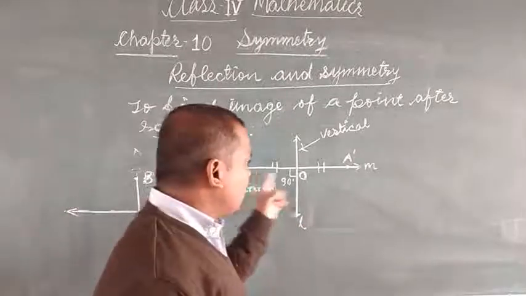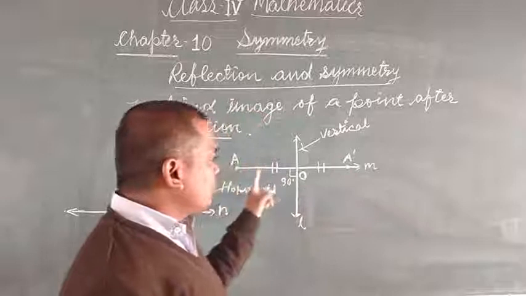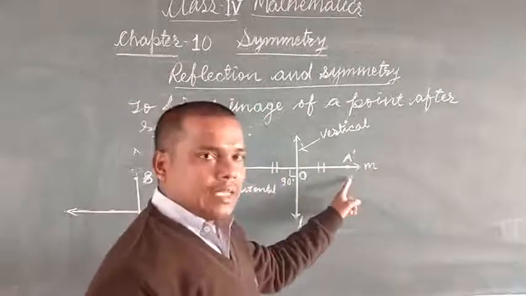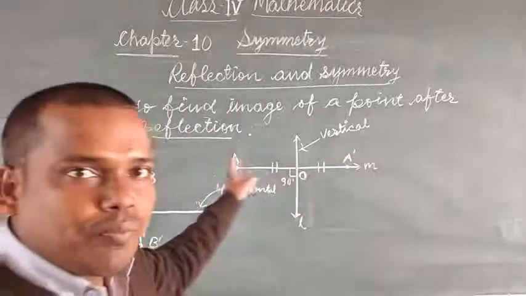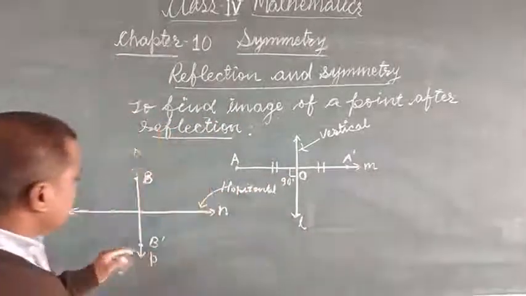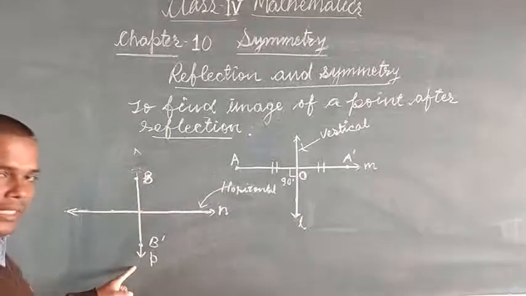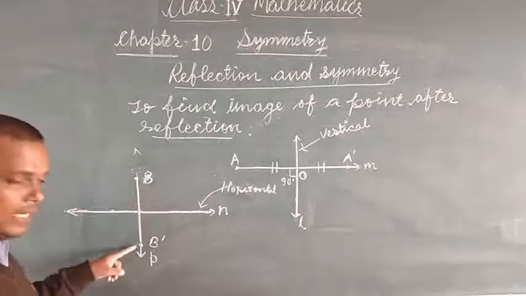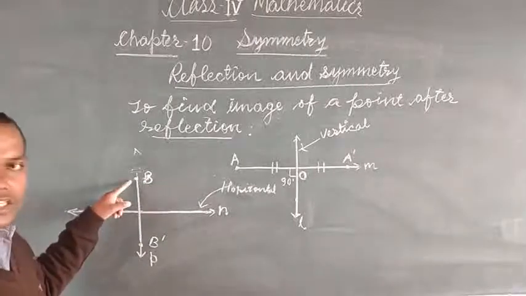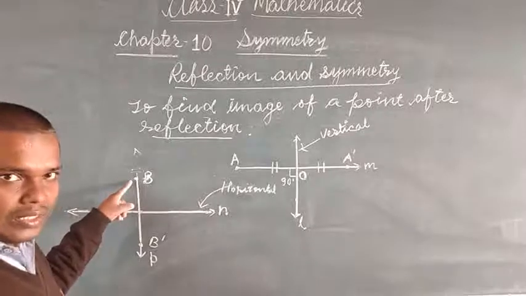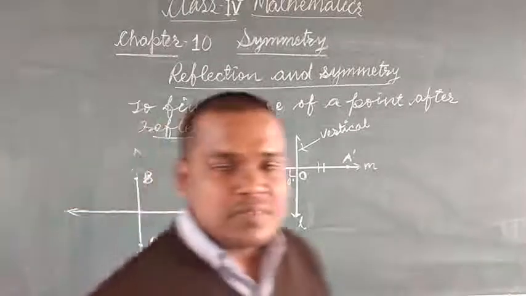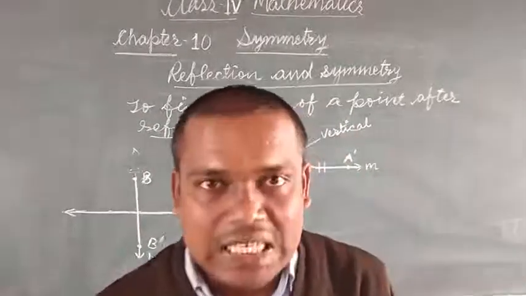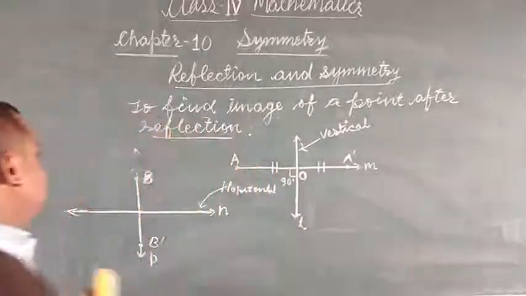So draw a perpendicular line M on line L through point A, and A dash will be the reflection of point A. In this, draw a perpendicular line through line N from point B. So B dash is the reflection of point B. Okay, now I am going to tell you how to find the reflection of a shape from a line of symmetry or mirror line.